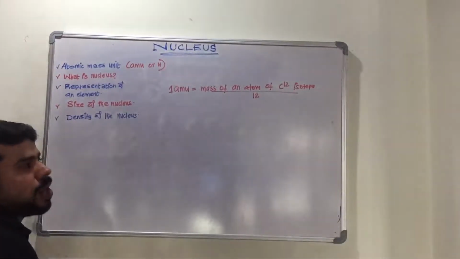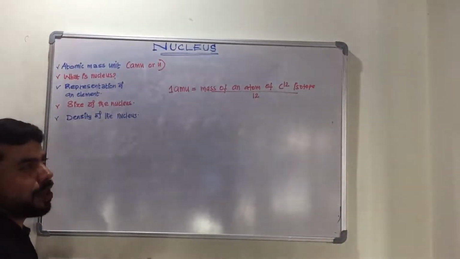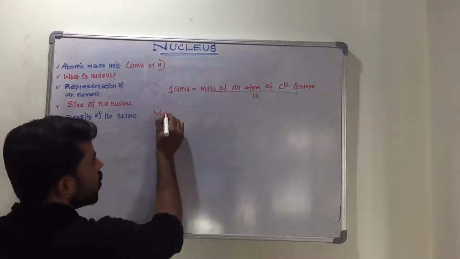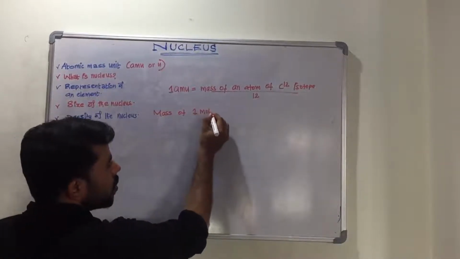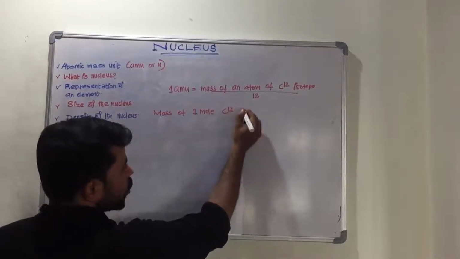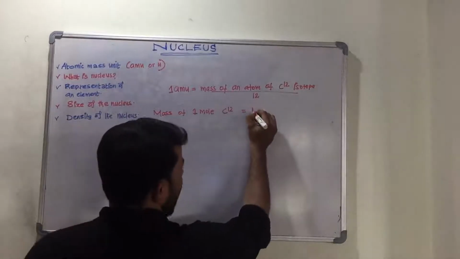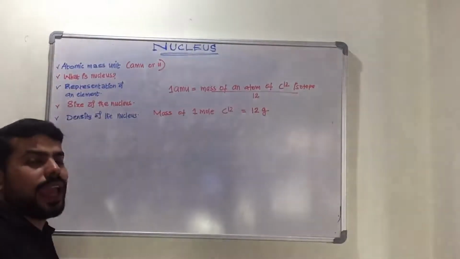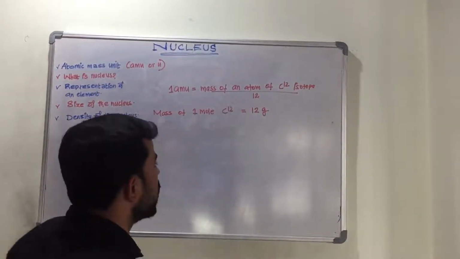we know that the mass of 1 mole of atoms is its gram atomic mass. That means the mass of 1 mole of carbon 12 is equal to its gram atomic mass, which is 12 gram. 1 mole of any substance consists of Avogadro number of that particle.